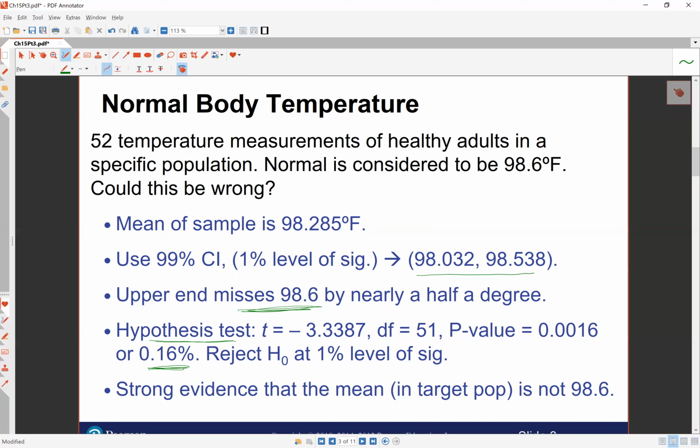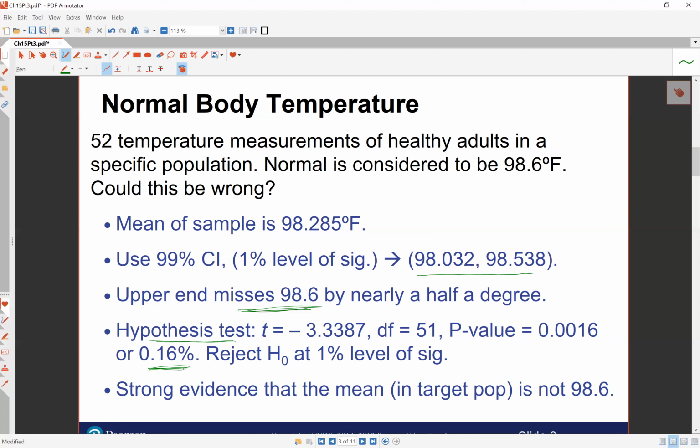or 0.16%. Now, again, if we're using a 1% level of significance or a 1% evidence level, because our p-value is below the required evidence level, we reject the null hypothesis. So again, the hypothesis testing procedure provides us with strong evidence that the mean in the target population is not 98.6 degrees.